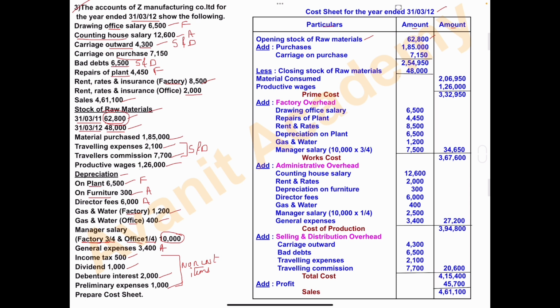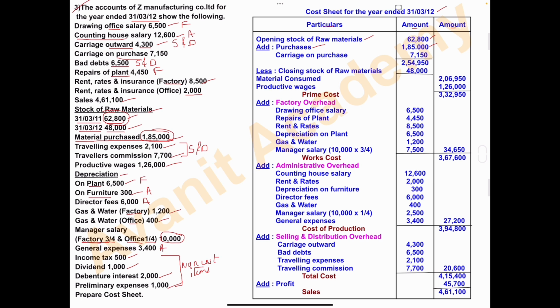Add purchases. See here, material purchased is rupees 1,85,000. So this is the raw material purchase amount. Write 1,85,000 here.